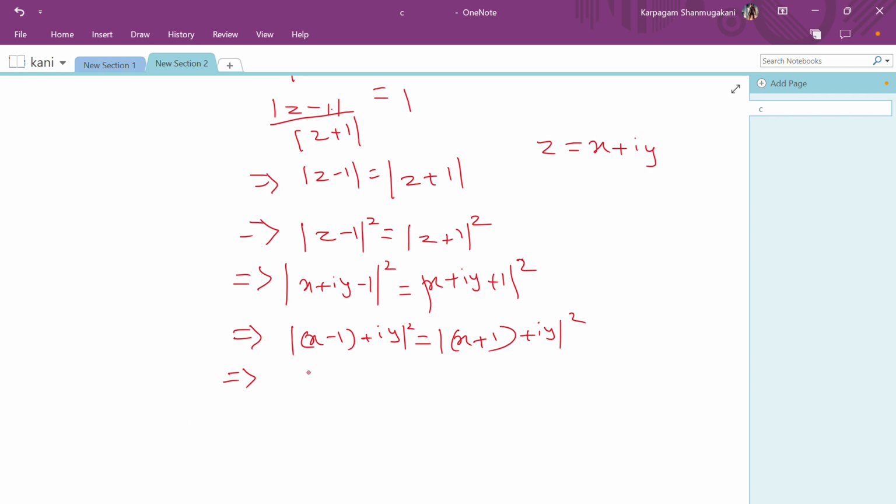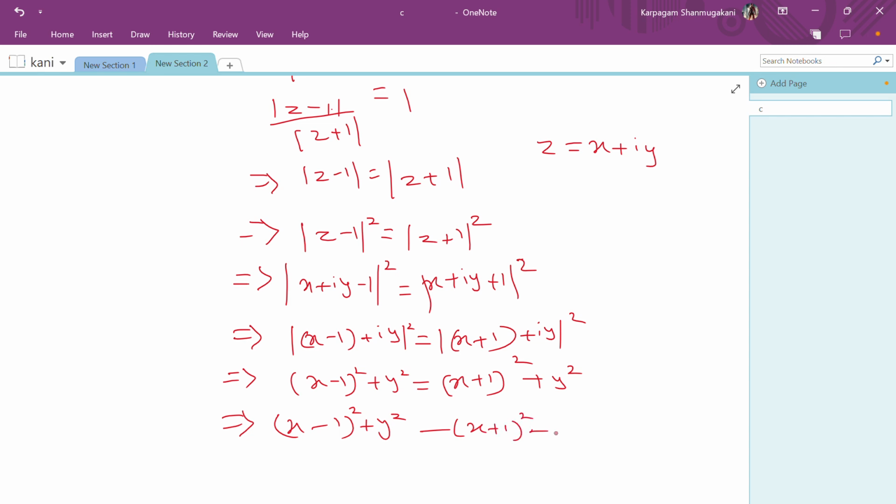So with the square, we have real part square plus imaginary part square, and in the same way on the right side. Take all the values to the left side: (X minus 1) the whole square plus Y square minus (X plus 1) the whole square minus Y square equal to 0.